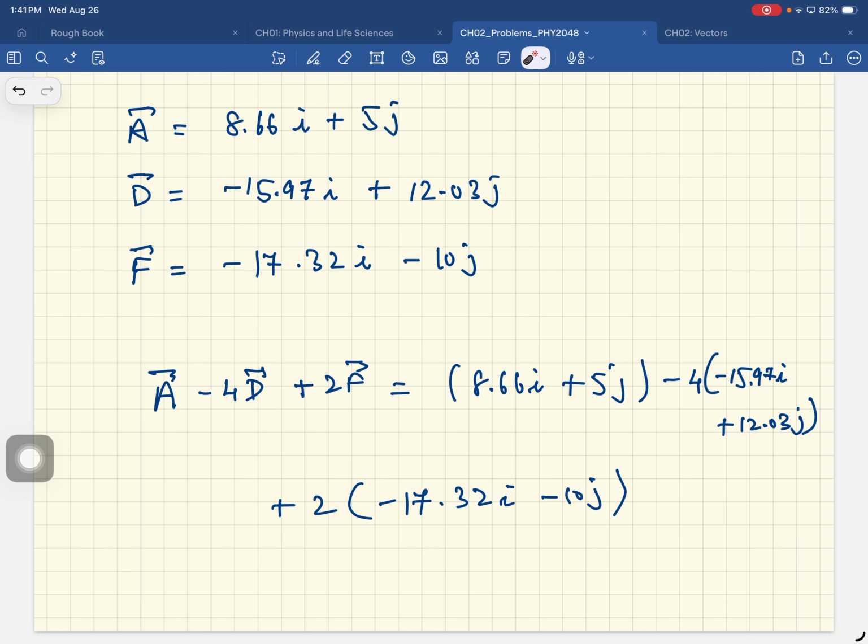And the magnitude of D is the square root of dx square plus dy square plus dz square. Okay, so that formula can be generalized to any number of dimensions.